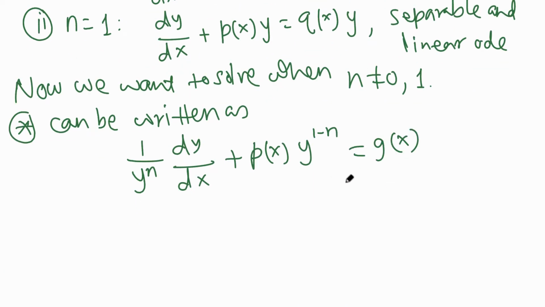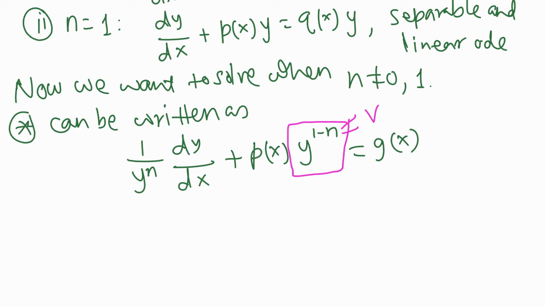Looking at this, we can see that y^(1-n) is not a nice function. If we denote it by v, then we might be able to reduce this into a linear equation.